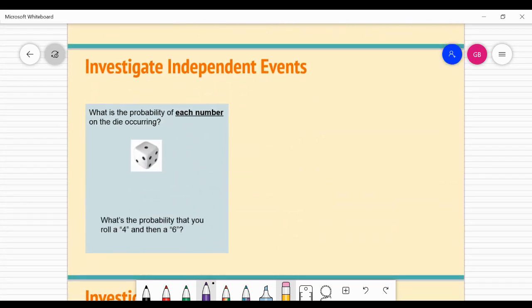Another example. So what is the probability of each number on the die occurring? So remember there's 6 numbers on the die, so that's 1 out of 6. Here's the example down here. What is the probability that you roll a 4 and then a 6? So in shorthand, what's the probability of getting a 4 and then the probability of getting a 6?